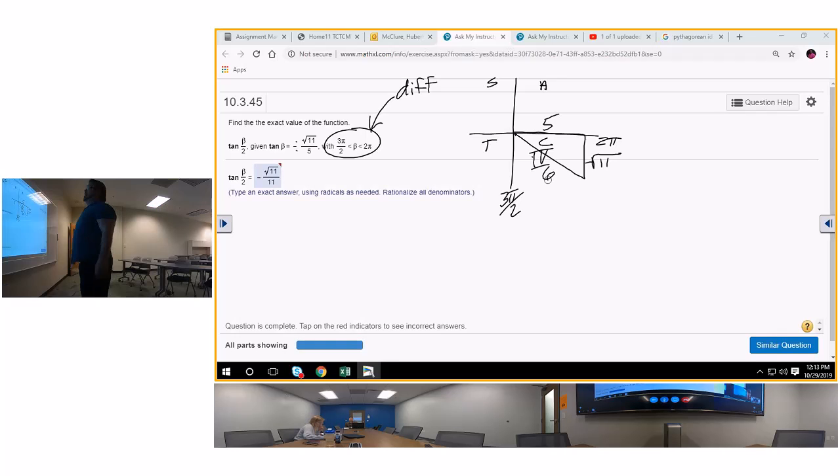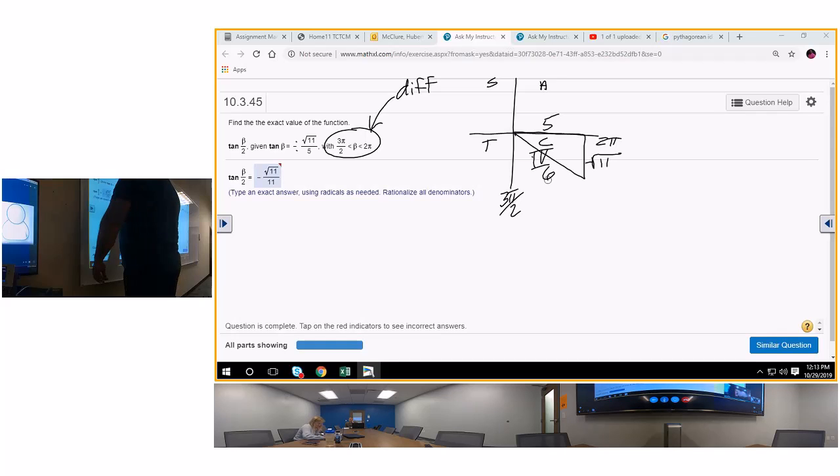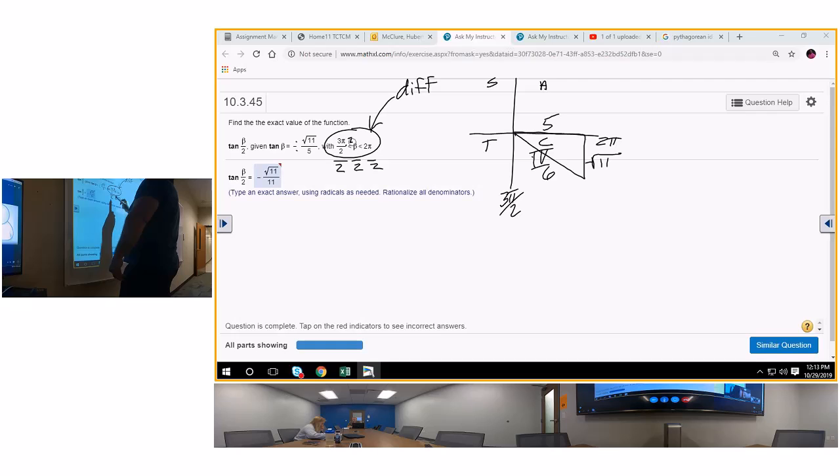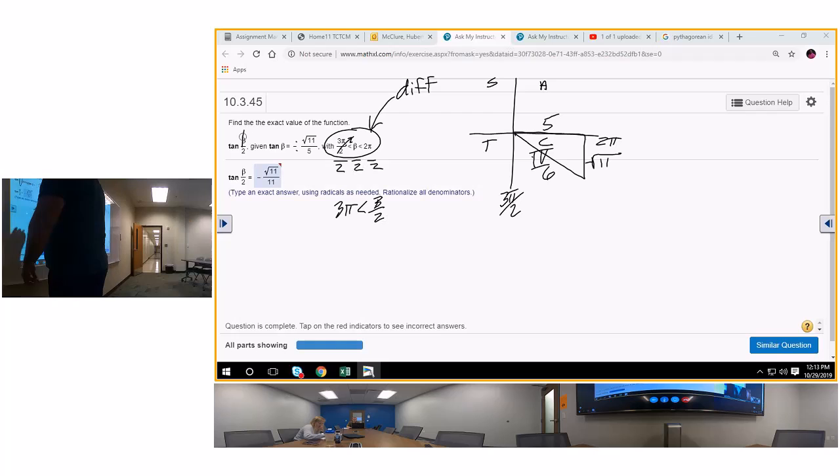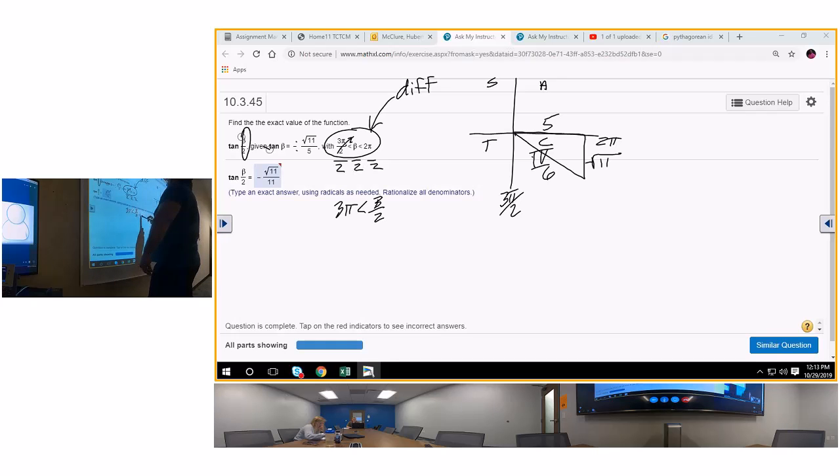Now, I'm going to divide all 3 of these by 2, and that's going to give me 3 pi over 2 less than beta over 2, which is what we're looking for, less than pi. So 2 pi and 3 pi, pi, there's pi right here.